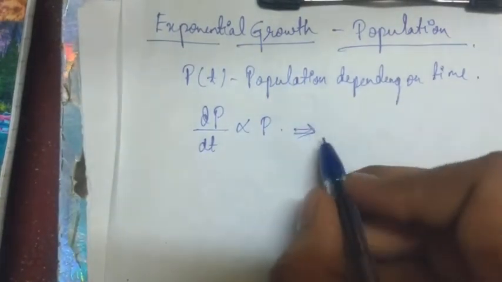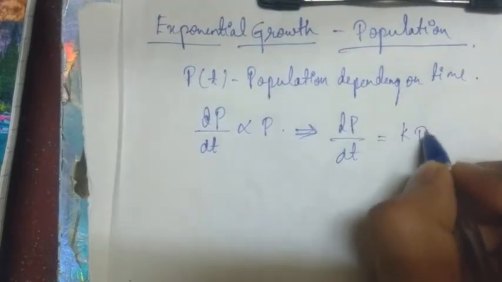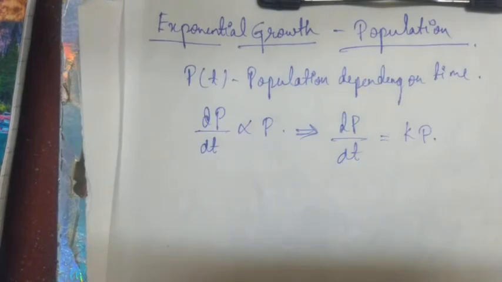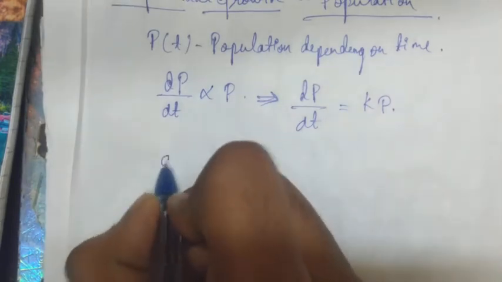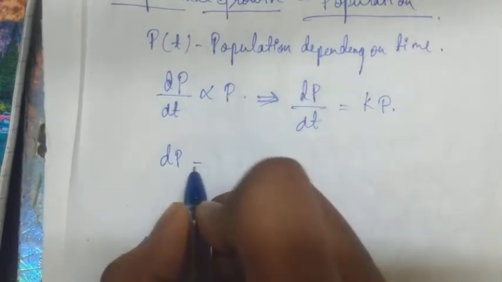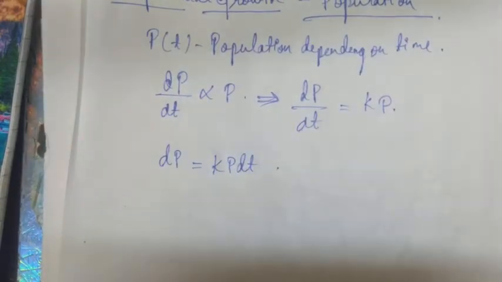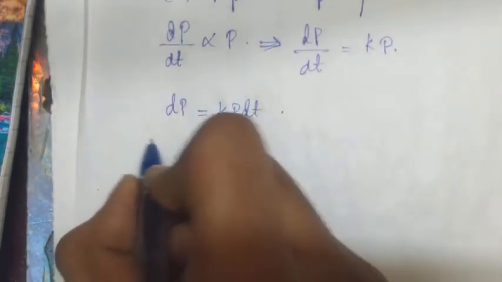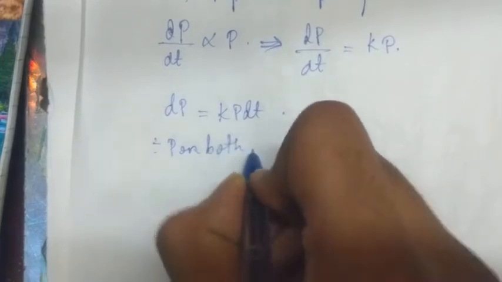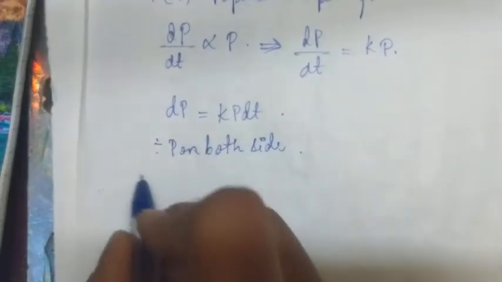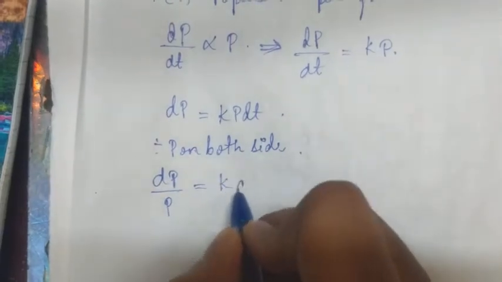If we take the proportionality symbol, we get dP by dt is equal to kP. Now operating dt on both sides, we get dP is equal to kP dt. If we divide by P on both sides, we get dP by P is equal to k dt.